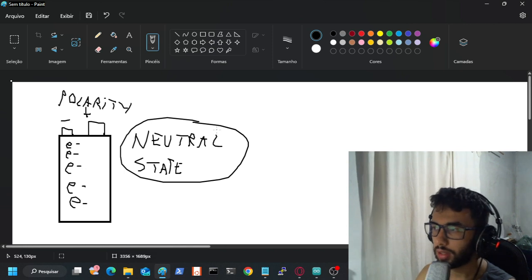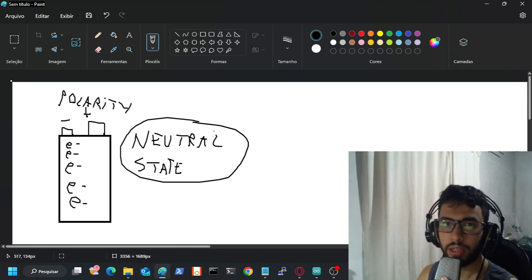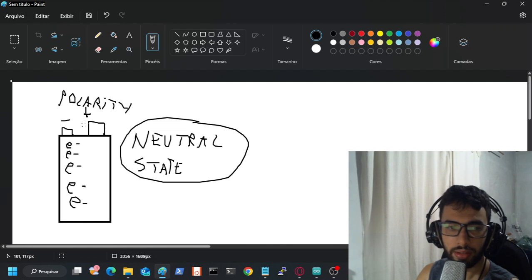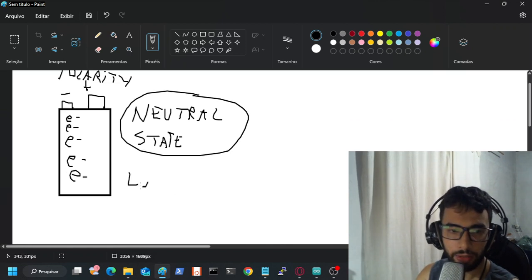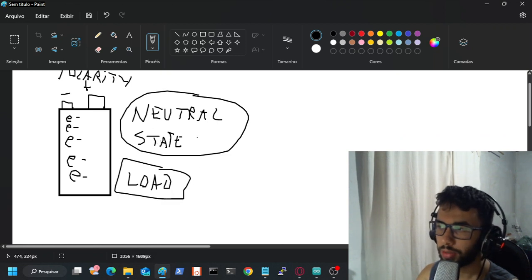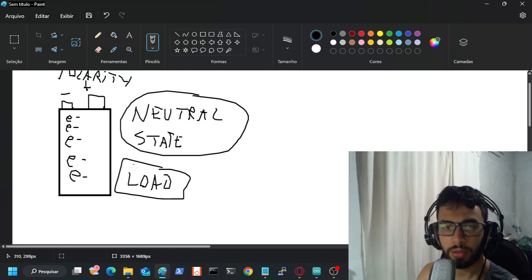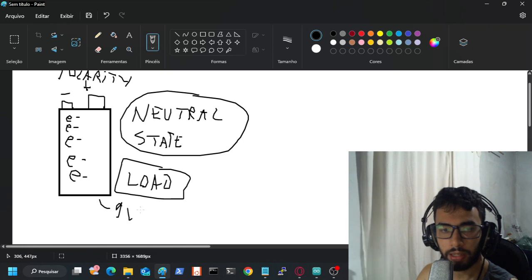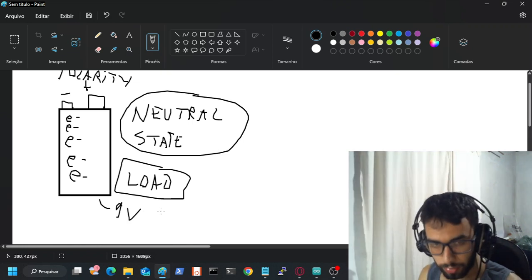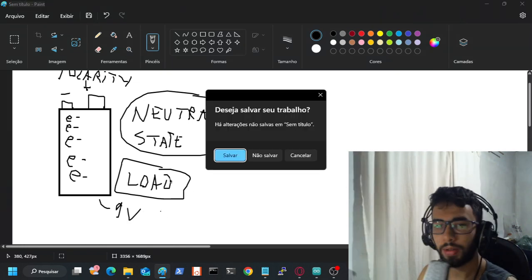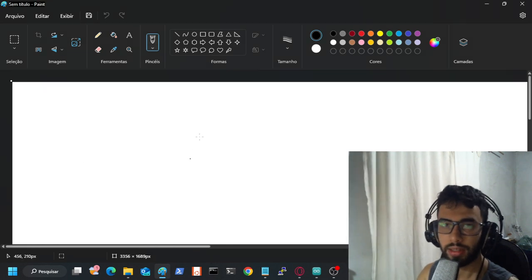They have already been neutralized from a charge, a load that we call a load. It can be a radio, a cell phone, a smartphone, a smartwatch, and whatever equipment you can turn on with a 9 volt battery. So that's how electricity works basically, right?